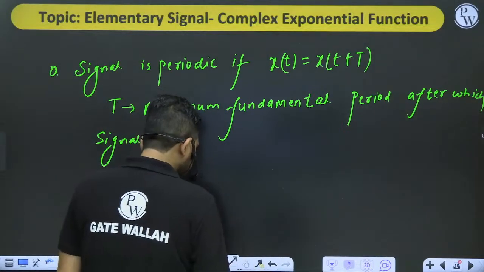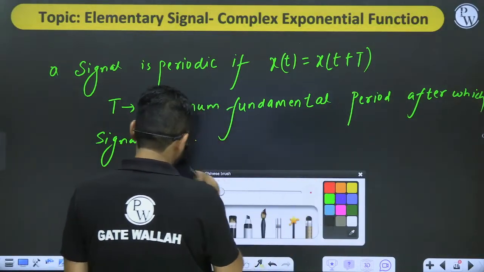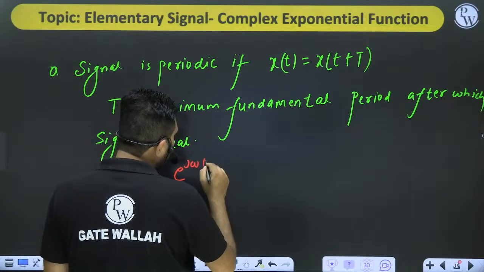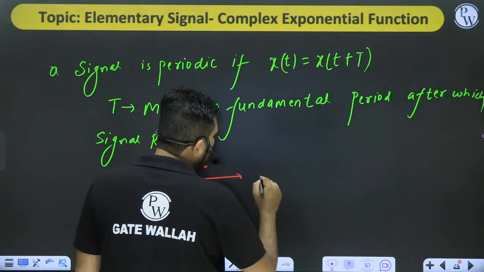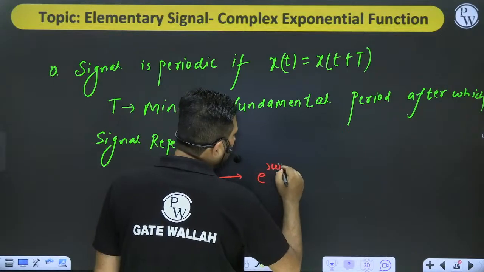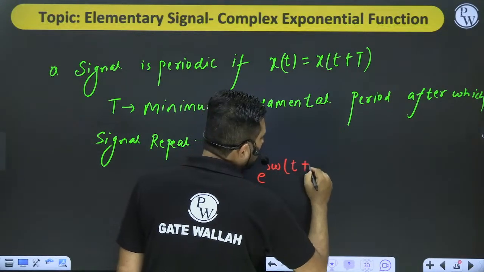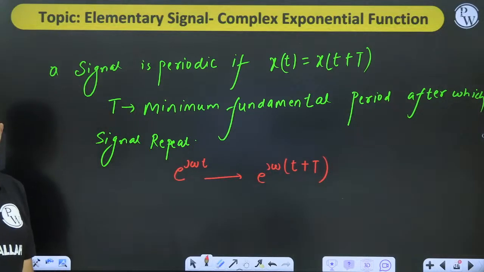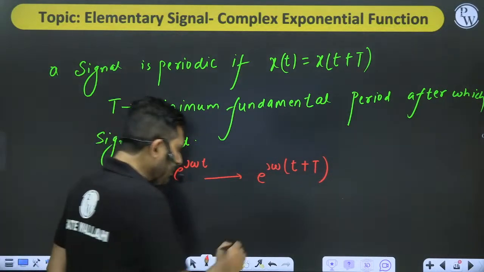What I am saying is, suppose I have e to the power j omega t. It has to be e to the power j omega (t plus capital T). Then only it will repeat. So let us take this one.